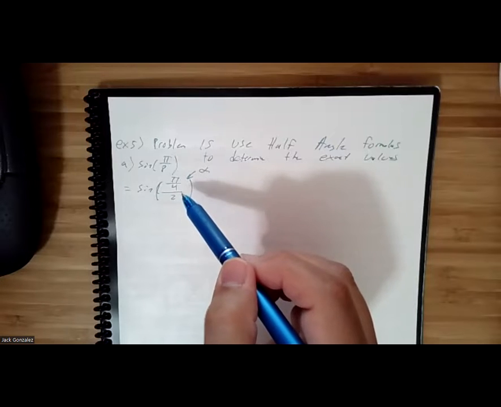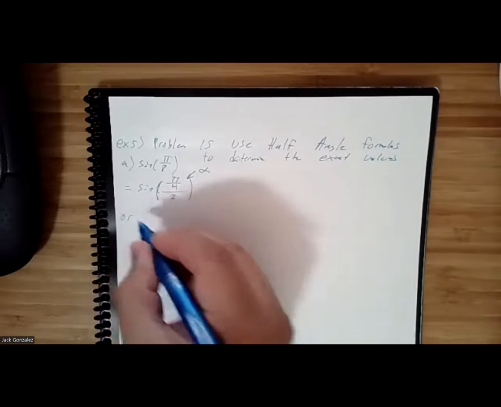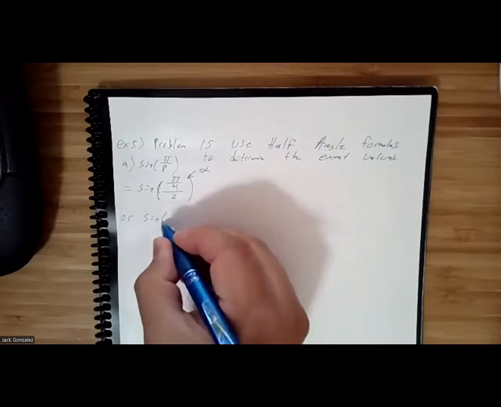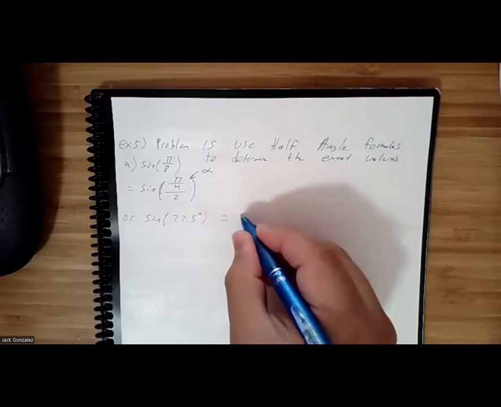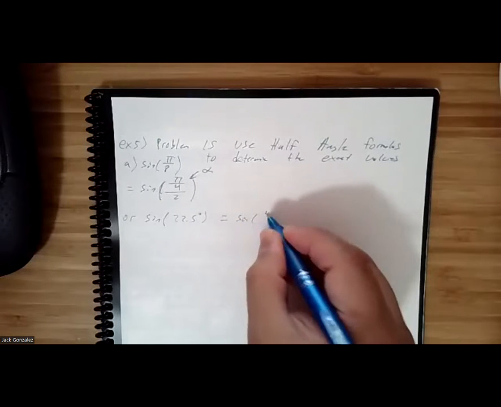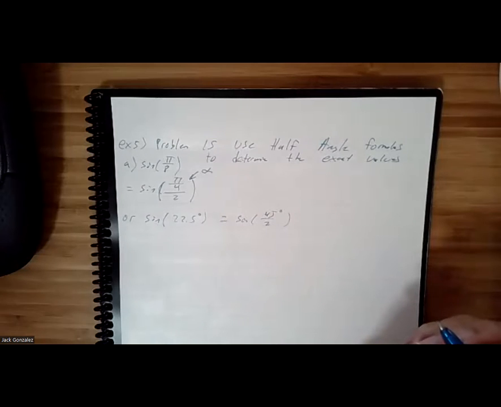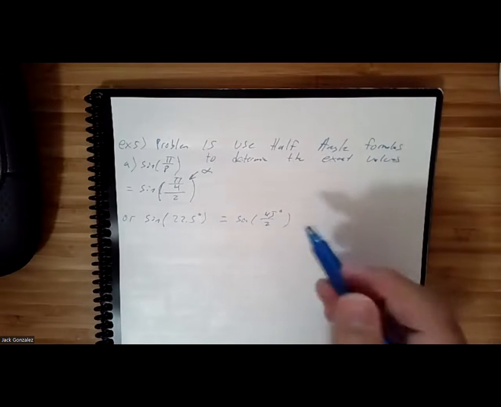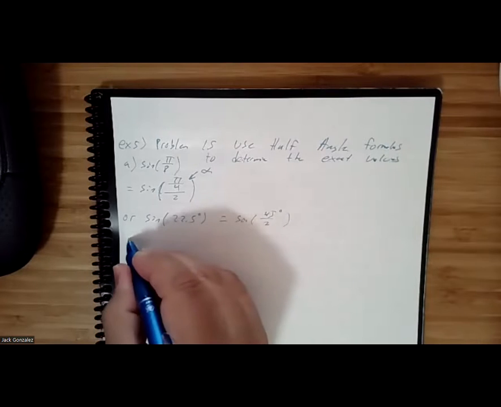Do you prefer degrees? This would be the same as 22.5 degrees. That's the same as sine of 45 divided by 2. So we're going to use the 45 solution for our question. But I'm going to stick to the radians.